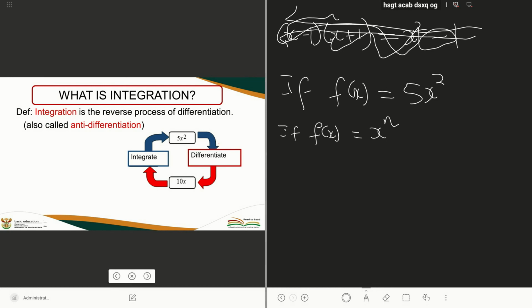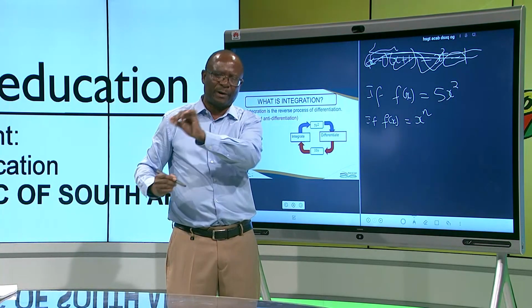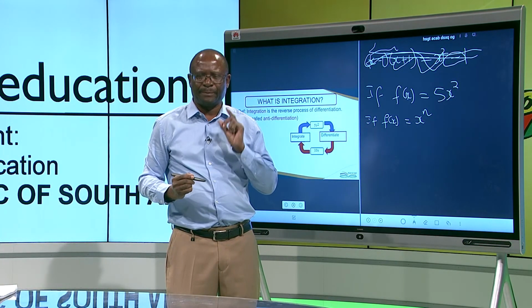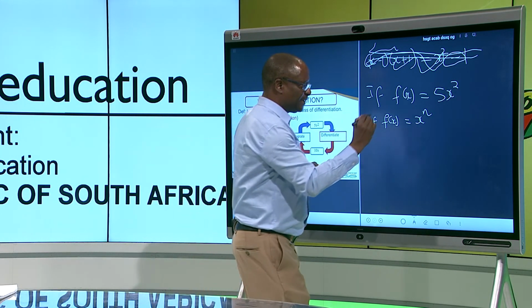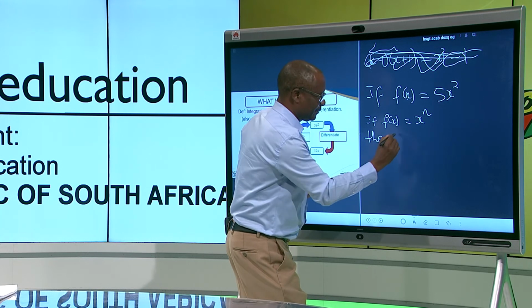It means before you differentiate, always ensure that your function is written in its lowest exponential form. That's the basic. If it is already in the exponential form, then how do we find the derivative?